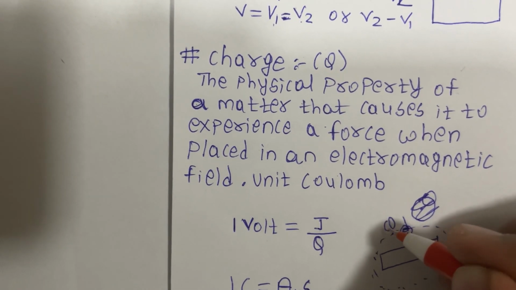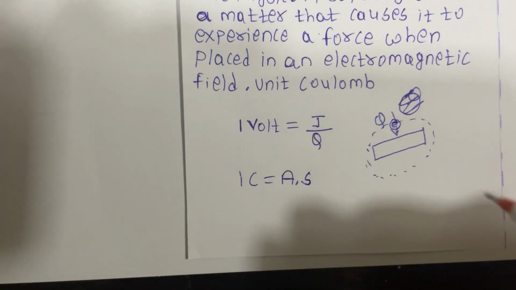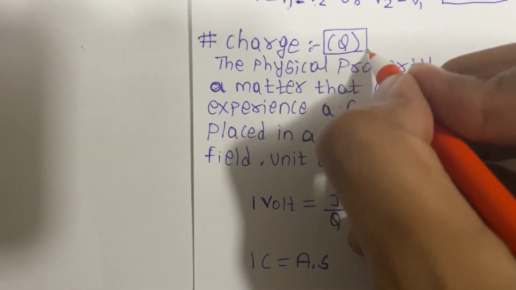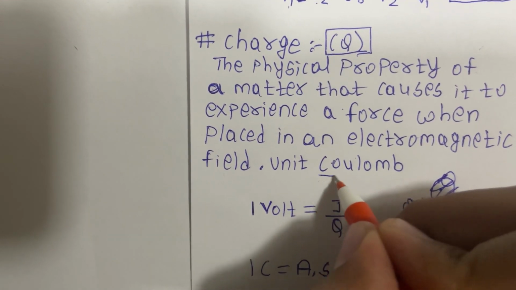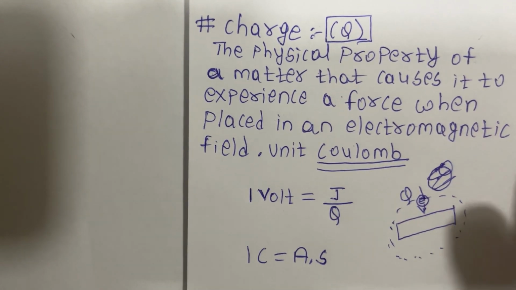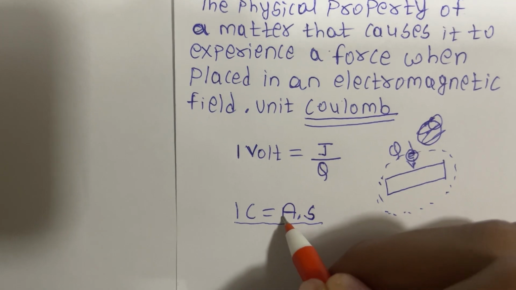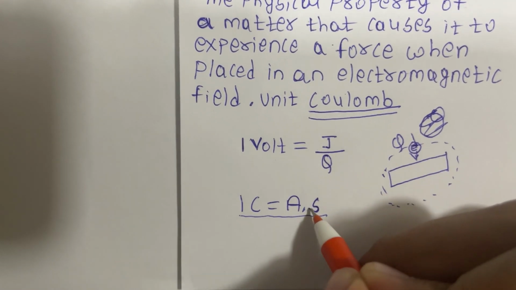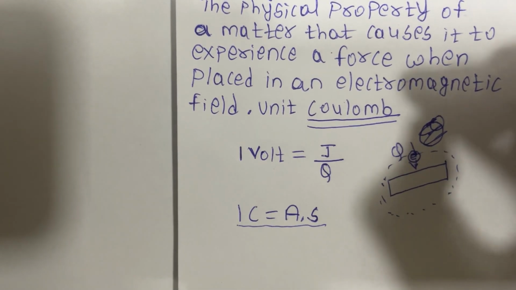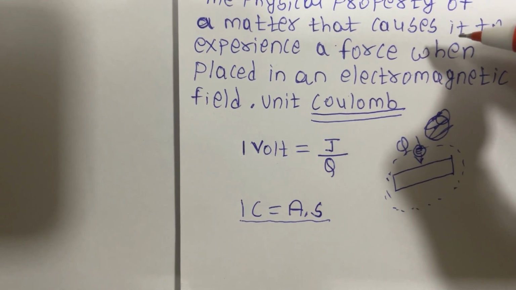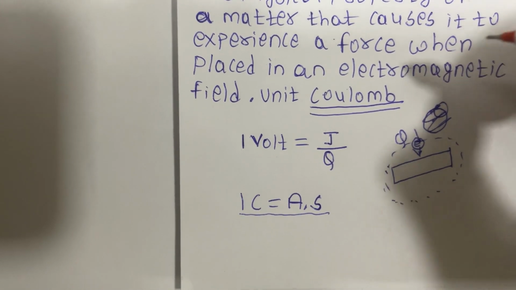That is what we call charge, and charge is denoted by Q. The unit of charge is coulomb, and 1 coulomb means 1 ampere into seconds, because charge is a force experienced in an electromagnetic field.